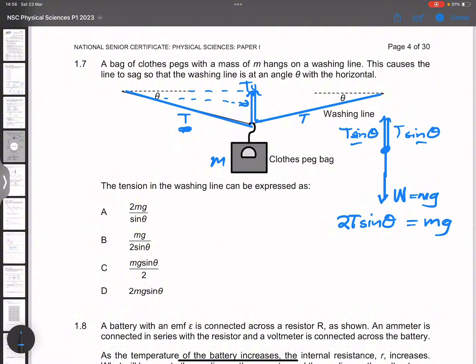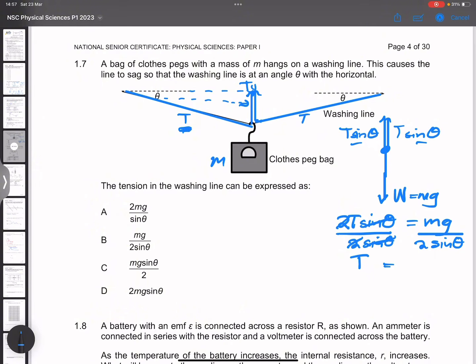So to get the value of T, I'll divide by 2 sine theta. And what I do on the left, I do on the right. That cancels that with that. So the tension T should be equal to mg divided by 2 sine theta.